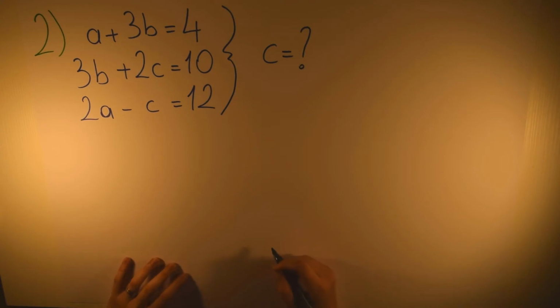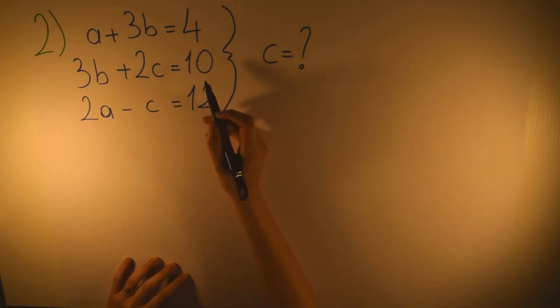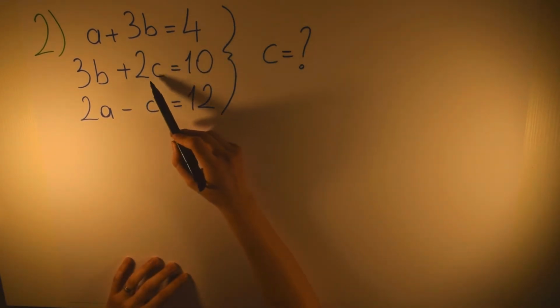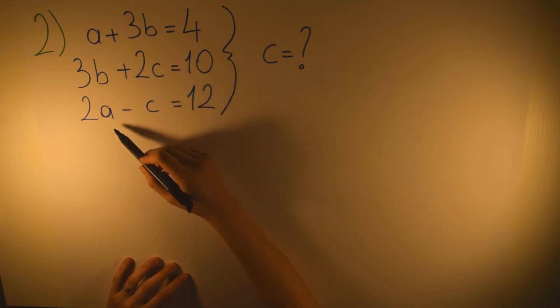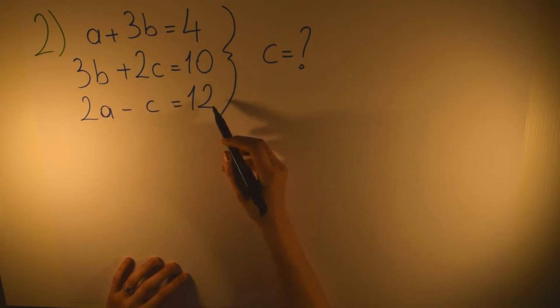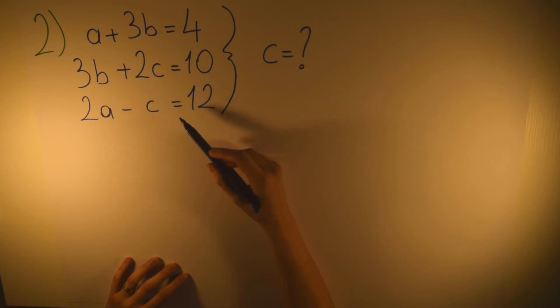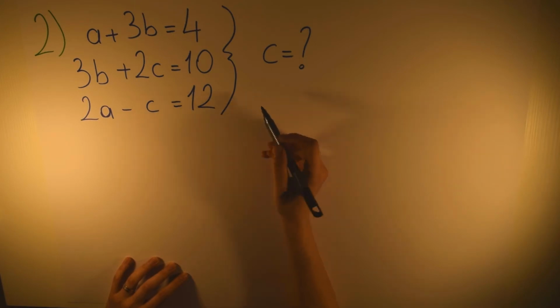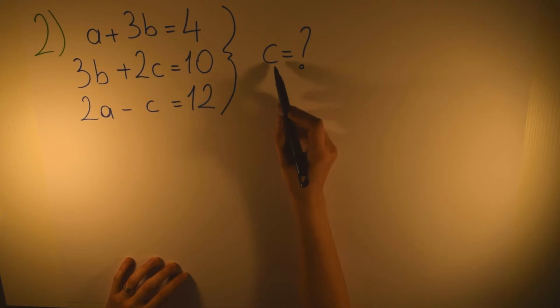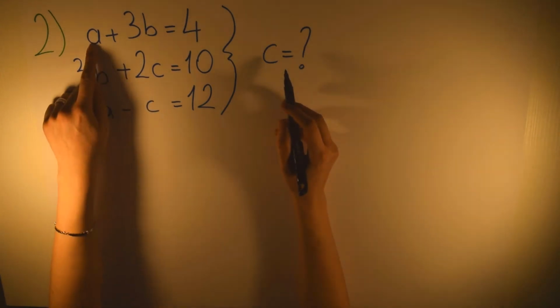In this question, we have a plus 3b is equal to 4, 3b plus 2c is equal to 10, 2a minus c is equal to 12, and what is c? So here we have 3 unknowns and 3 linear equations, right? So in order to find the value of c, I should get rid of a and b, right?